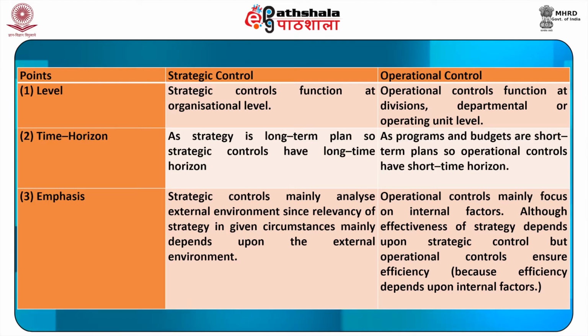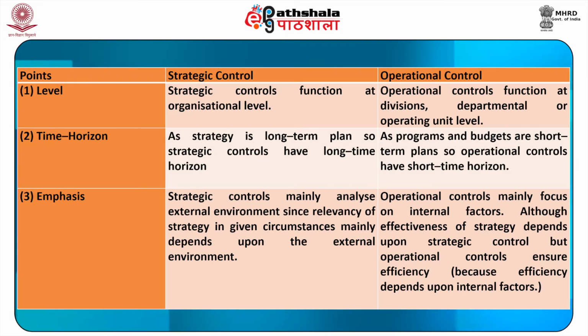The first point is about level. As far as level is concerned, strategic control functions at the organizational level. Operational control functions at the division level, the department level or the operating unit.